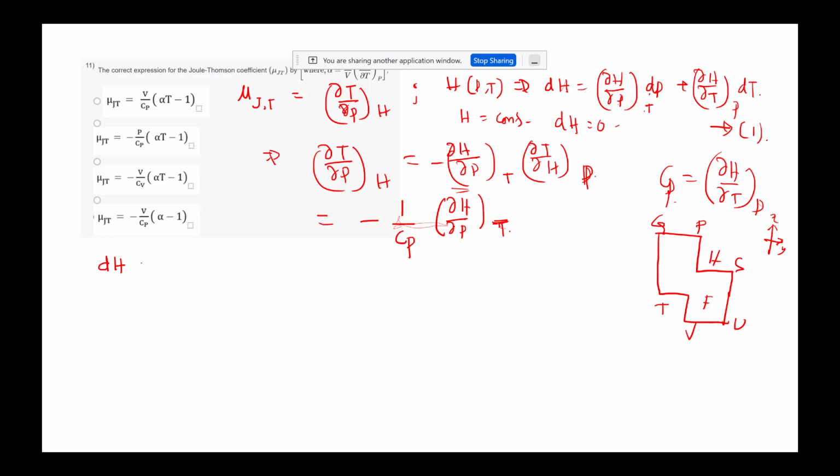So then dH will be dp plus ds. What is the conjugate variable of dp? This is V, and for ds this is T ds. So this is the dH.